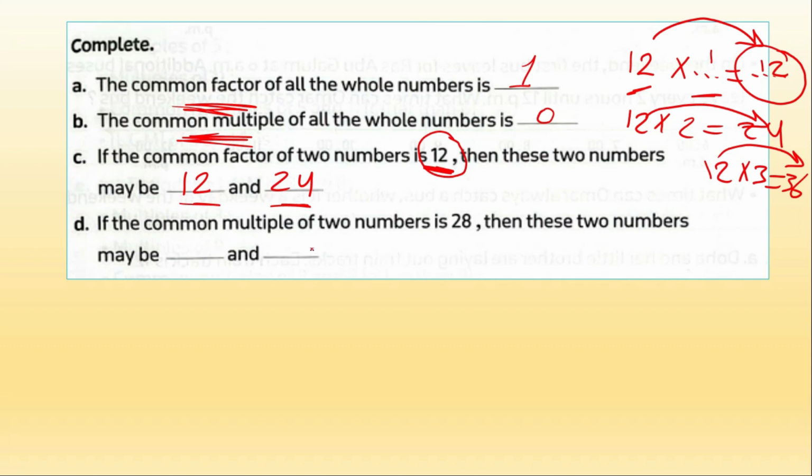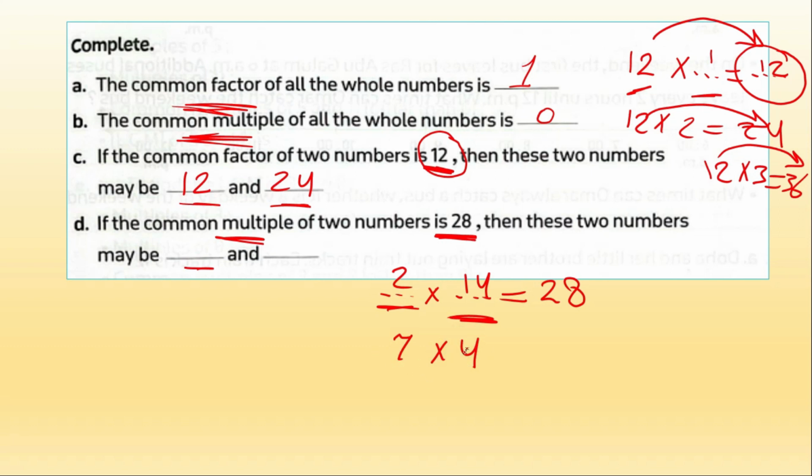If the common multiple of two numbers is 28, then these two numbers may be A or A. Here 28 is the common multiple, so it will be the product: you want to find numbers whose product gets 28, because it said multiple, meaning the answer. Give me these two numbers: maybe 2 times 14, or maybe 4 times 7, or 7 times 4.